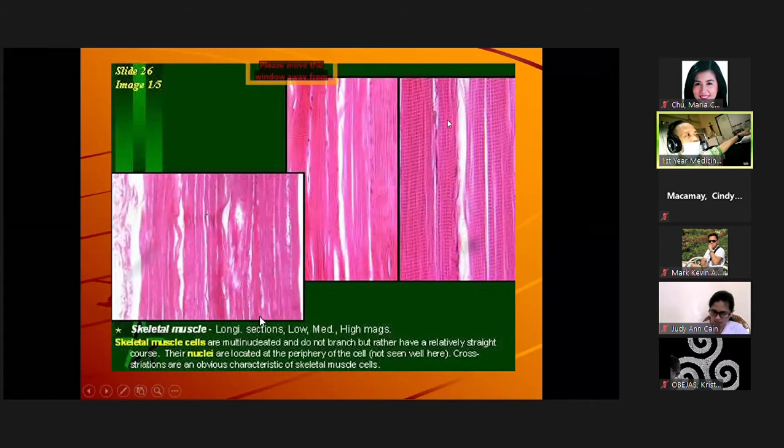If this is one fiber, you would see the nucleus here at the periphery. Multinucleated, meaning more than one, several. And now you will see also the cross sections. It's obvious here. You see the light band and the dark band.